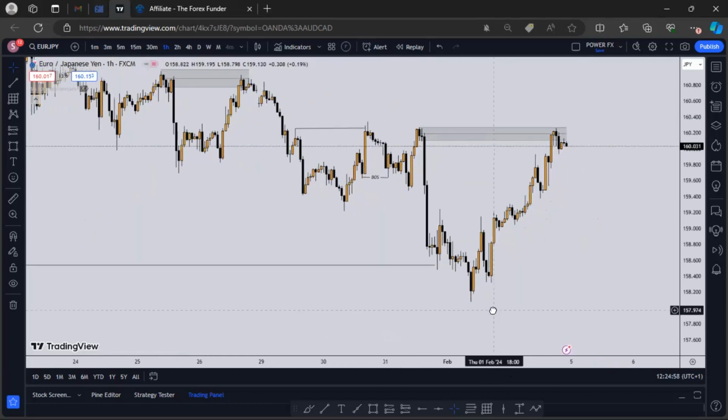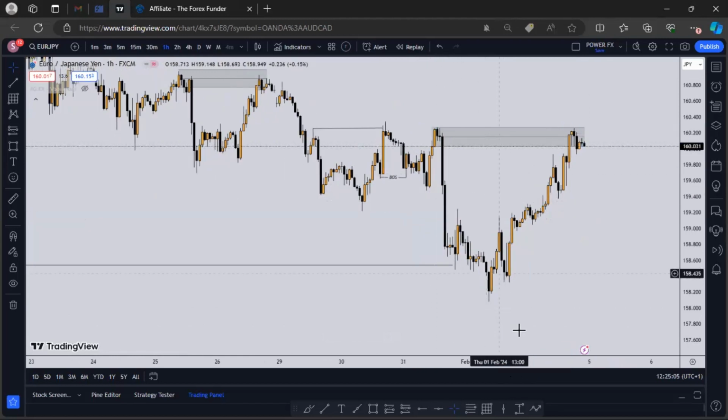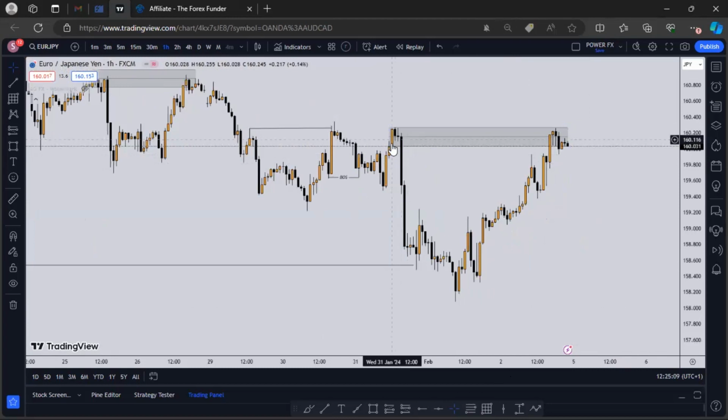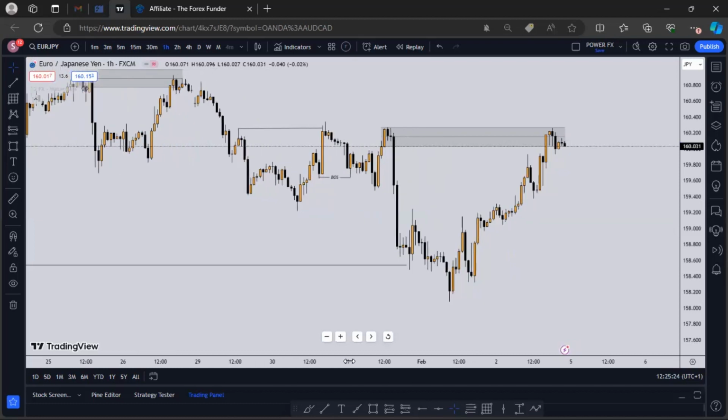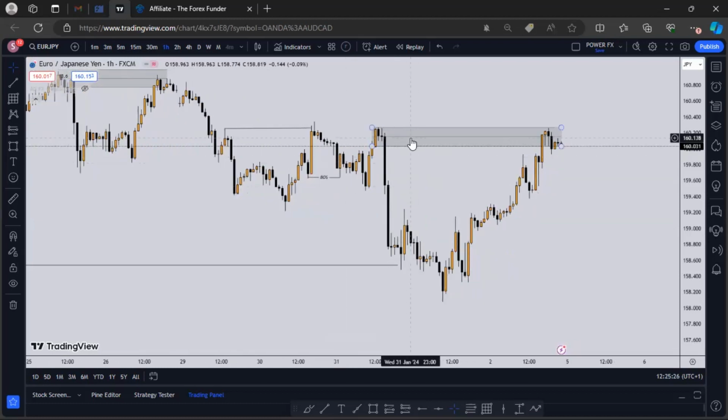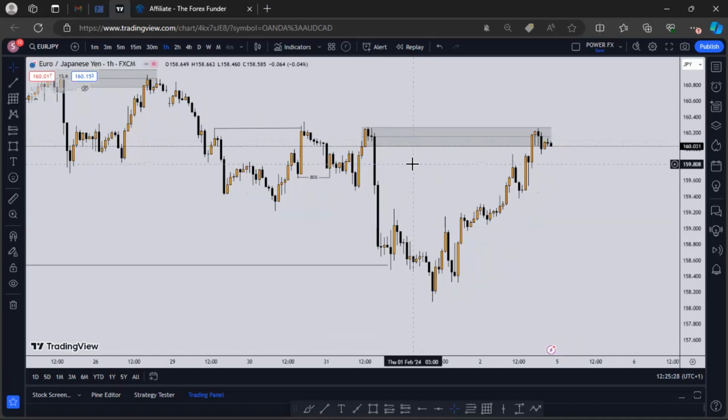This order block is very, very valid because it was the last bullish candlestick that caused the push all the way to the downside, causing an overall break of structure. So this order block is very valid for you to take a trade off of. Like you can see, this order block is sitting at the supply zone.